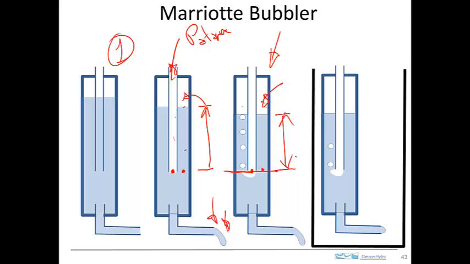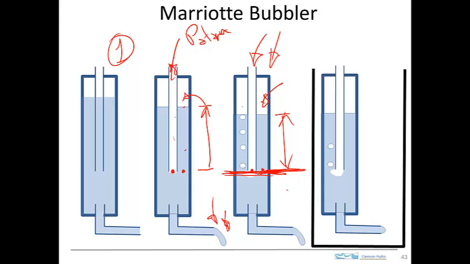Well, the hydraulic head is equal to the pressure plus the elevation head. And so it means that the head is maintained at a constant value in this chamber. It's maintained at that value right there. So all the while this Marriott bubbler is operating, while it's bubbling, the head is maintained at the bottom of the tube, so long as this is connected to the atmosphere.